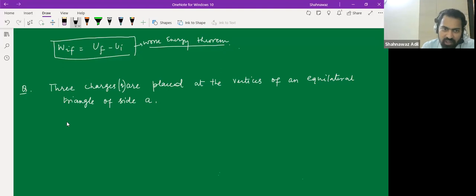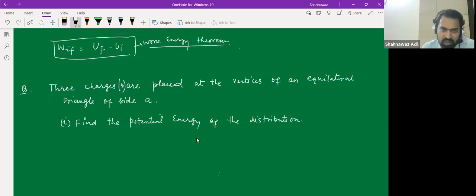So the first question is: find the potential energy of the distribution. This is the first question.